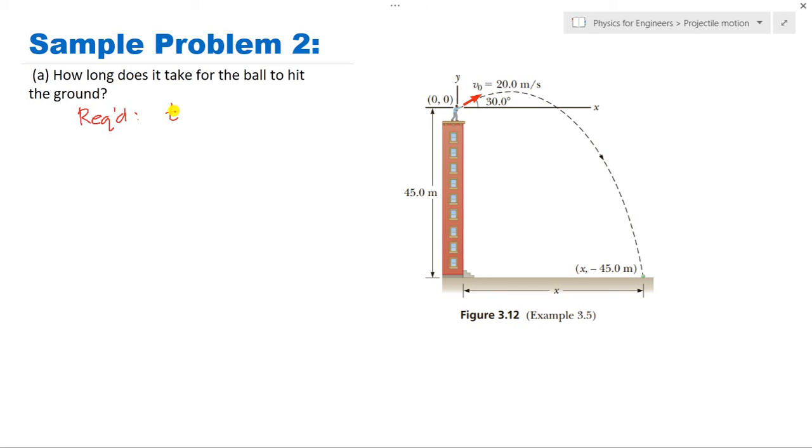But in order to make things easy, you just use this single kinematic equation that would tell directly your value of t, which pertains to the total time of flight.